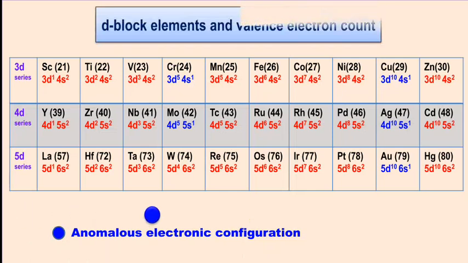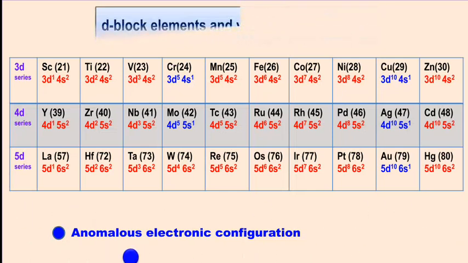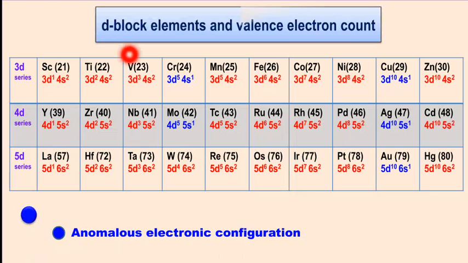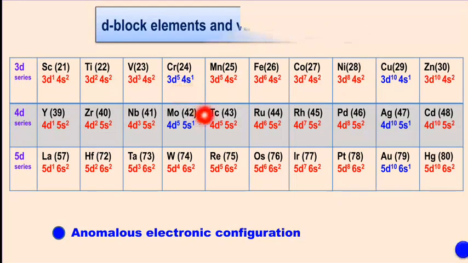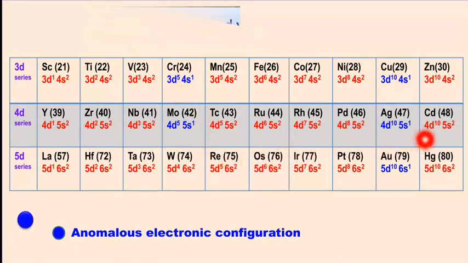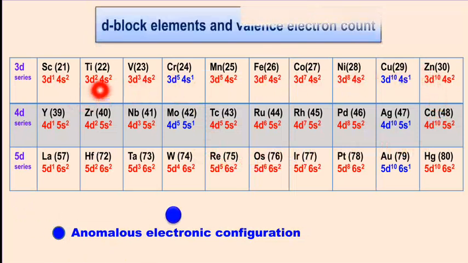These are the 10 groups giving the valence electron configuration, with the various 3d, 4d and 5d series elements.